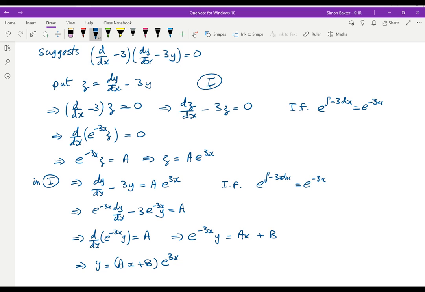And that is the general solution to the D.E. when we have coincident roots 3 and 3. So with coincident roots, the general solution is ax plus b times e to the 3x.